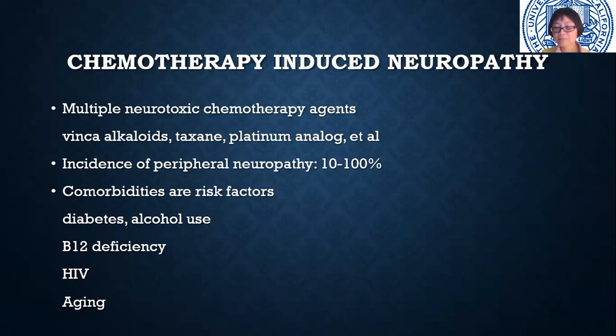The risk factors for the patients who receive chemotherapy to develop a neuropathy include diabetes, alcohol use, and poor nutrition, especially B12 deficiency, or certain types of infection like HIV. The older patients tend to develop chemotherapy-induced neuropathy because their nerves are more fragile than the younger population.